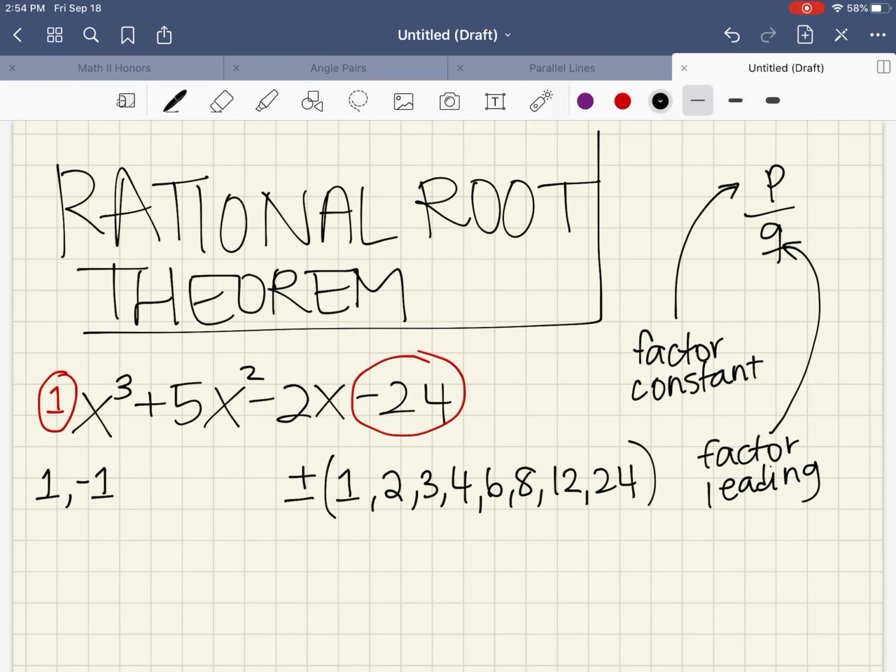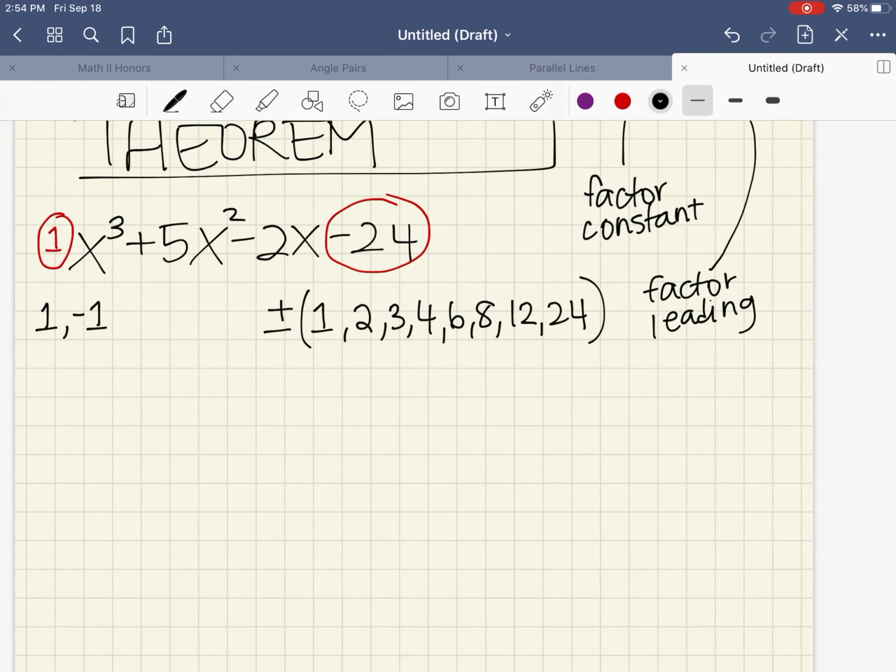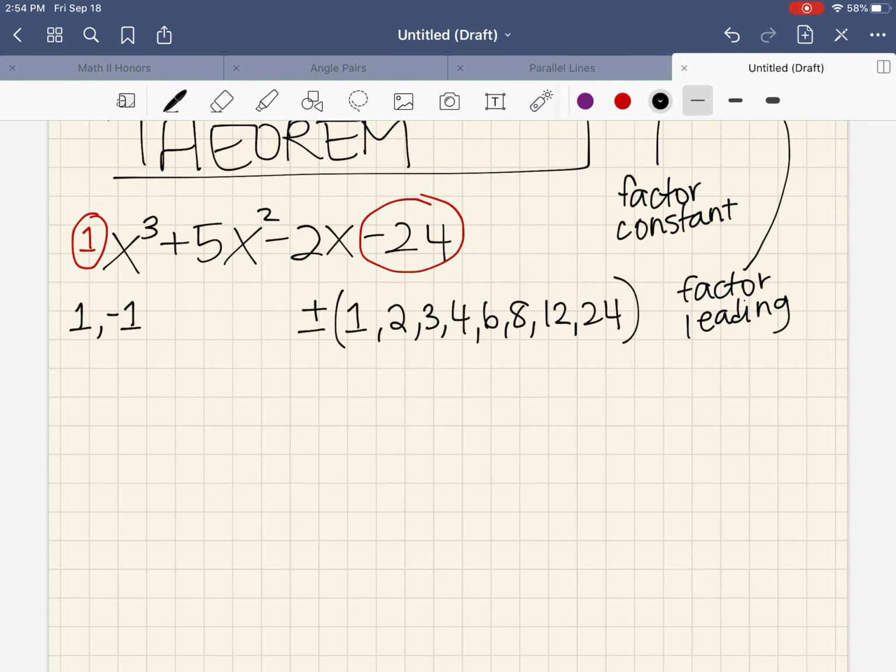and the positives or negatives of all of those, one of those combinations, or a couple of them, are going to be possible solutions. So all of them are going to be over 1 or negative 1. I'm first going to put all of these on the top. These are all possible p's, or possible numerators.